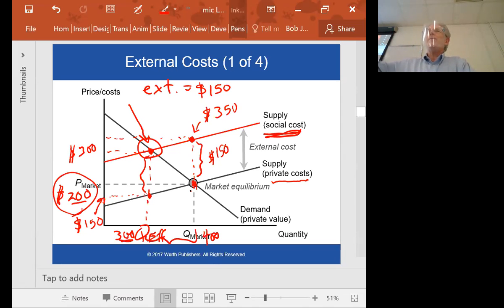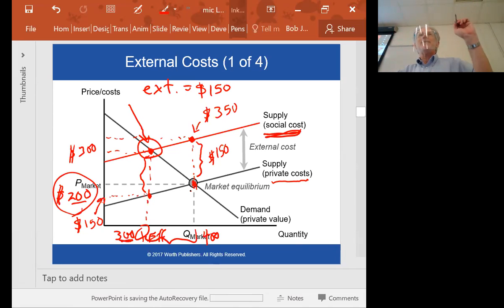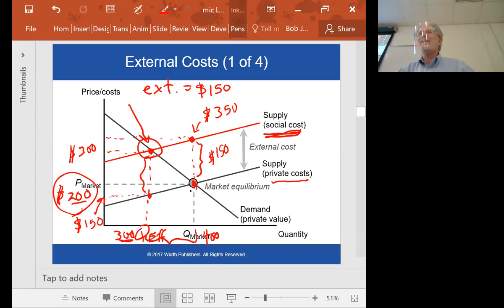What's the problem with that? You don't know the prices. And so you may end up buying a steak that's worth $25 to you, but it cost you $50.